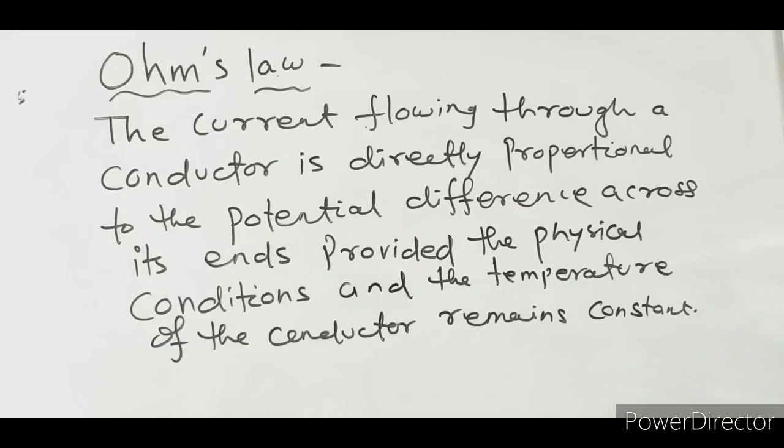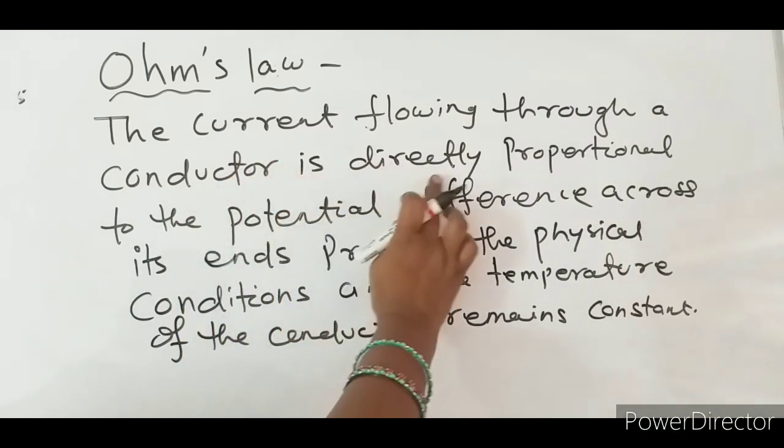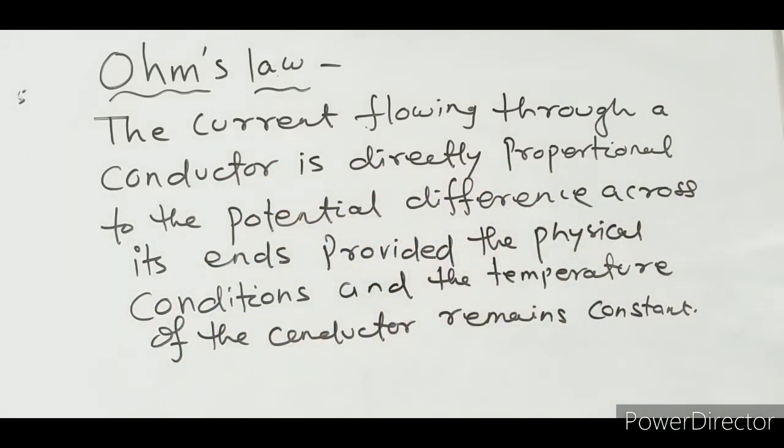Now Ohm's law. Ohm's law states that the current flowing through a conductor is directly proportional to the potential difference across its ends, provided the physical conditions and the temperature of the conductor remain constant. This is very important.